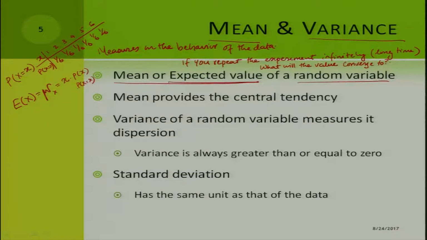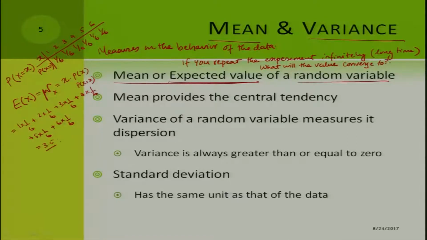Multiply by those probabilities, and you will get the value. So, in this case it will be equal to 1 times 1 over 6 plus 2 times 1 over 6 plus 3 times 1 over 6 plus 4 times 1 over 6 plus 5 times 1 over 6 plus 6 times 1 over 6. And if you sum all of this, you would probably get a value close to 3.5, I believe.